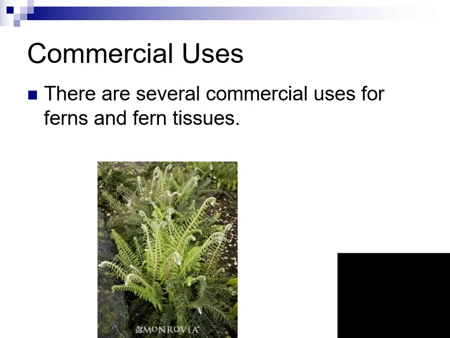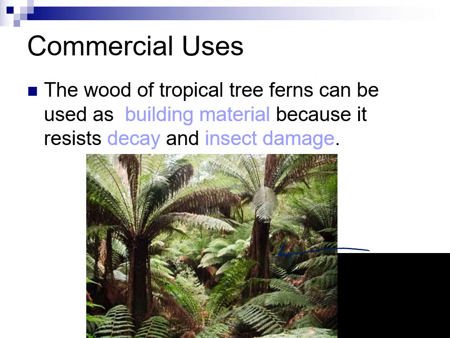So there are uses for these type of plants. Of course, they're ornamental, and people use them in their homes, in their backyard. You see them in businesses growing in pots and things like that. So that's a pretty big commercial use. If we look at ferns in some of the tropical rainforests, they do get larger than the ferns that you would see here. And so they actually do develop a little bit of a trunk.